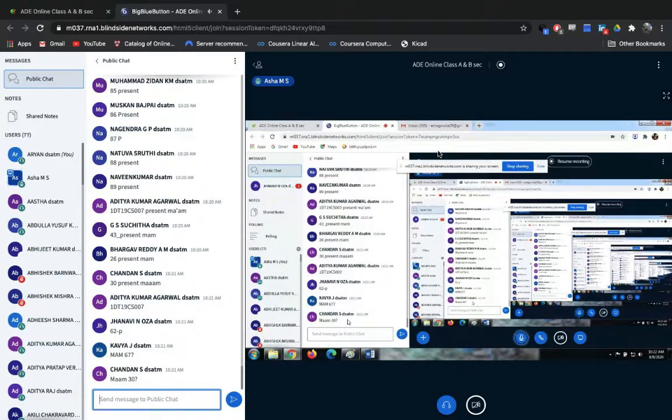The last names are called: Vishal, Vishnuvardhan, Vishwas, Yash, Yashaswini, Yukti. Yukti is absent. Then Vivek, Tikshna.